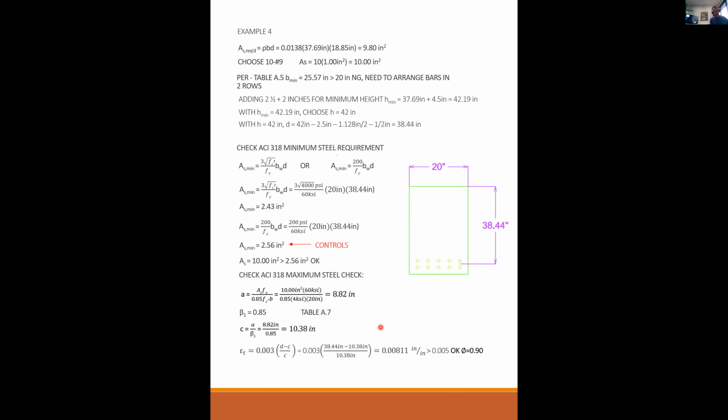Everybody see where I've got my finger? Okay, so the one that you're concerned about is rho when epsilon sub t equals 0.005. Remember what I just said. All the code cares about is epsilon t greater or less than 0.005.